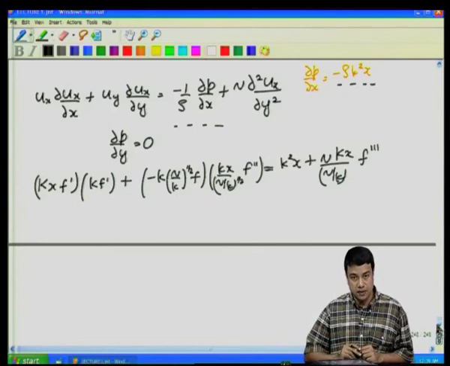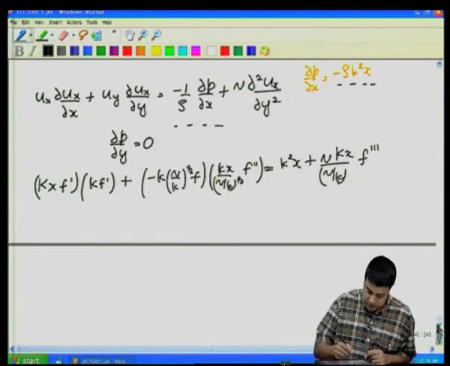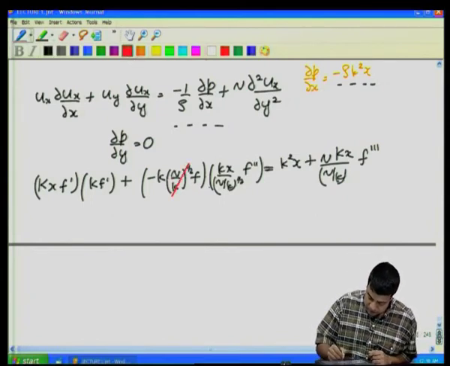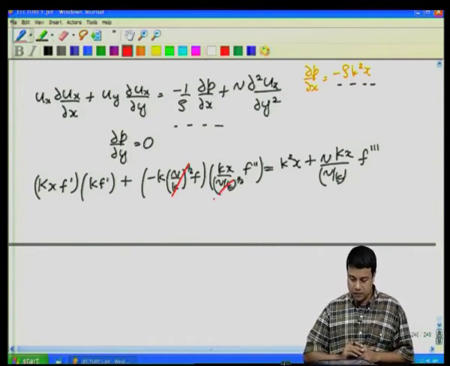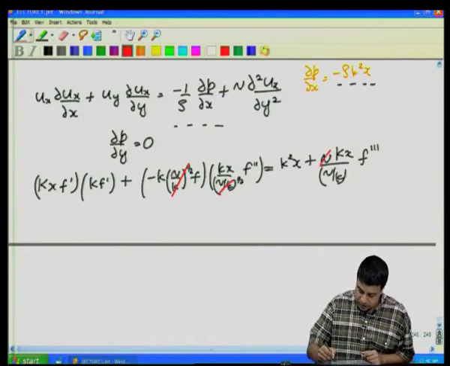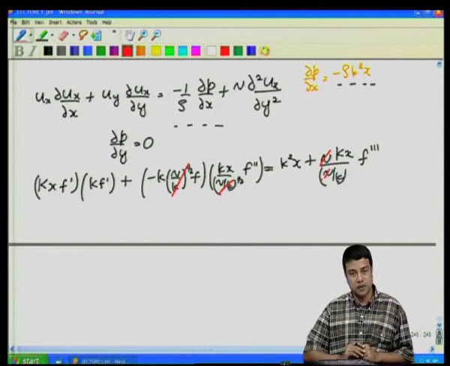And as you can see, each term in the equation is multiplied by k square x. In this expression, these two will cancel out, to give you a factor of 1. In this expression here, nu will cancel out to just give me k square x.